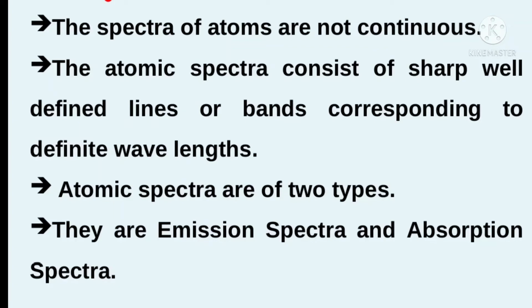Each line in the spectrum corresponds to a specific wavelength. There are two types of atomic spectra: atomic emission spectra and atomic absorption spectra.